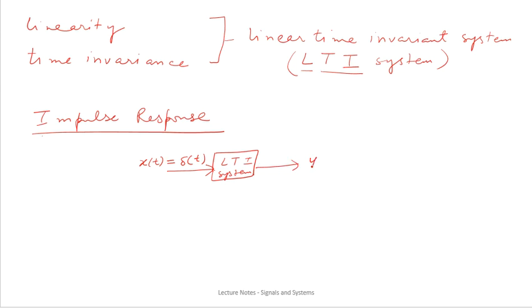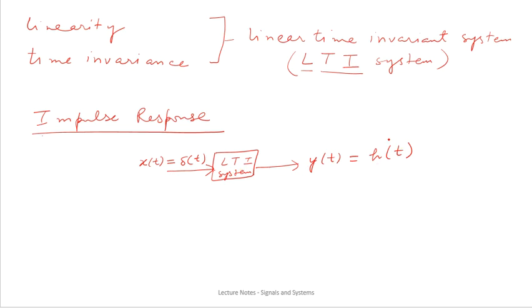In this case, the output you get is called the impulse response of the system. So the impulse response is defined as the output of an LTI system due to a unit impulse signal input applied at time t equals 0.